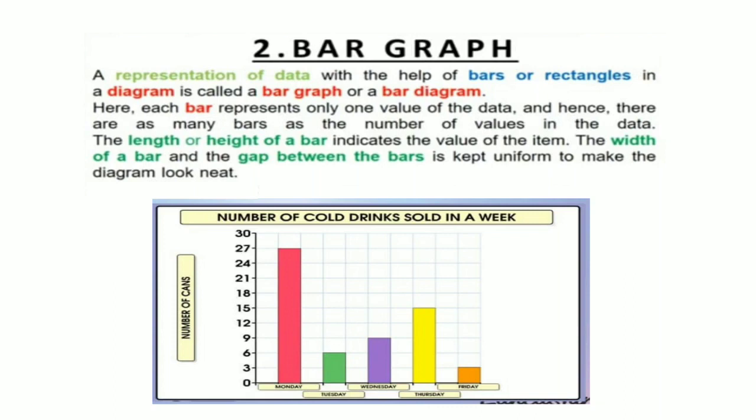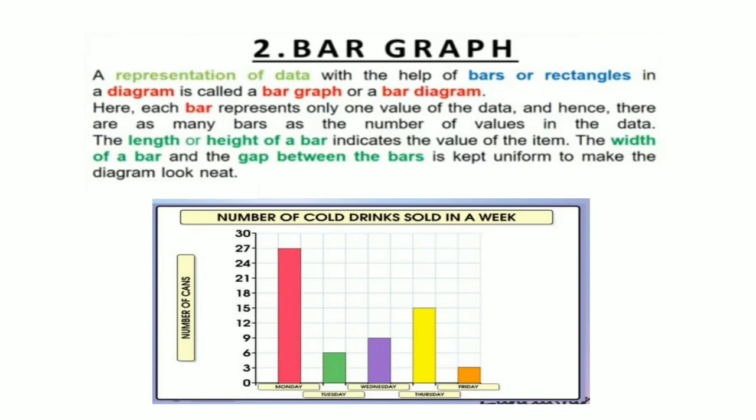You can see here an example of a bar graph. A representation of data with the help of bars or rectangles in a diagram is called a bar graph or a bar diagram.